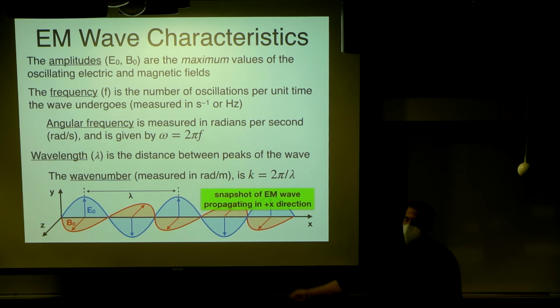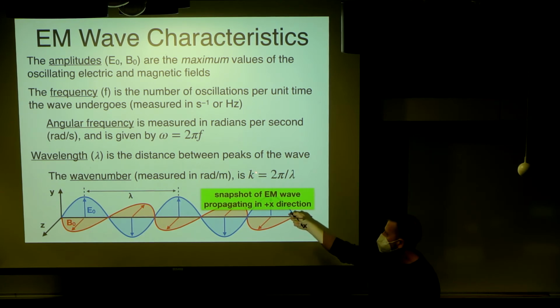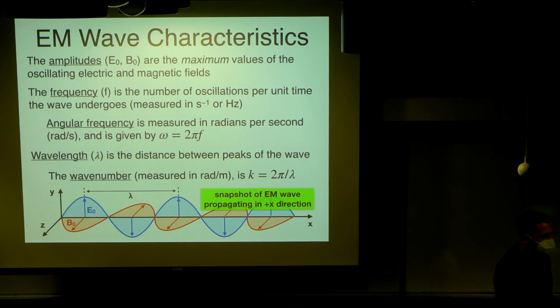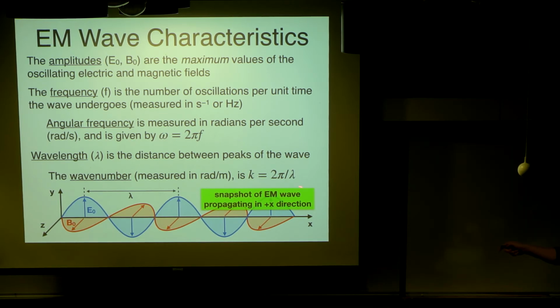So it just so happens that the equations that you typically see that describe an EM wave sometimes are written in terms of k, but when you see k, you just know it's 2 pi divided by lambda. That's it. Think about the units of this, by the way. We have radians on top and then meters on the bottom. So radians per meter is the unit of k.